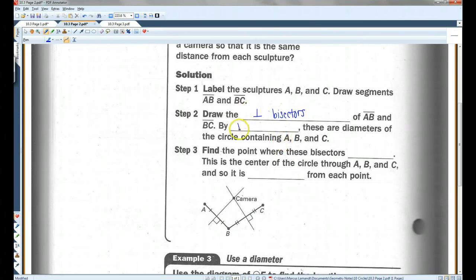By theorem 10.4, these are diameters of the circle containing A, B, and C. So all we have to do is figure out where these perpendicular bisectors intersect, and that's where we want to place our camera. So we find the points where the bisectors intersect. This is the center of the circle through A, B, and C, so it is equidistant, or equal distance, from each point.